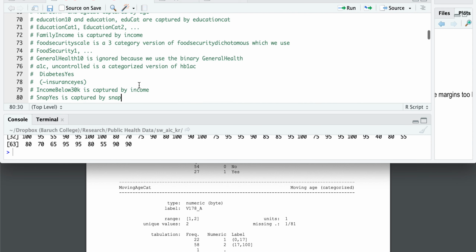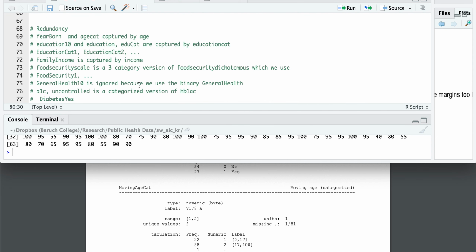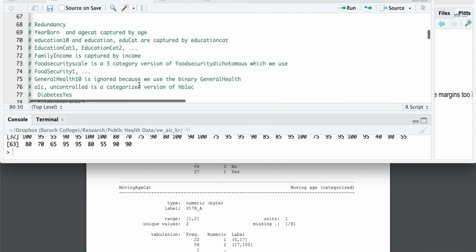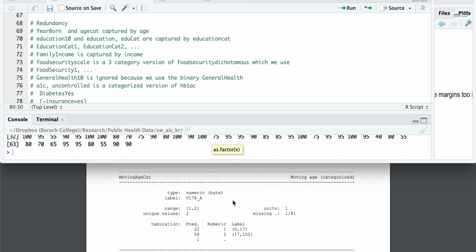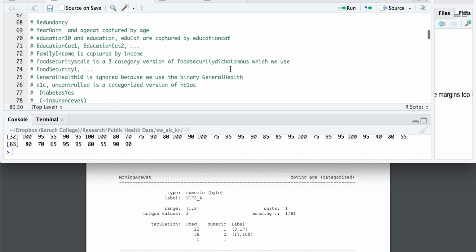Moving age category. So essentially it's if it's below 18 or not, and I don't remember what we did with age, moving age category.